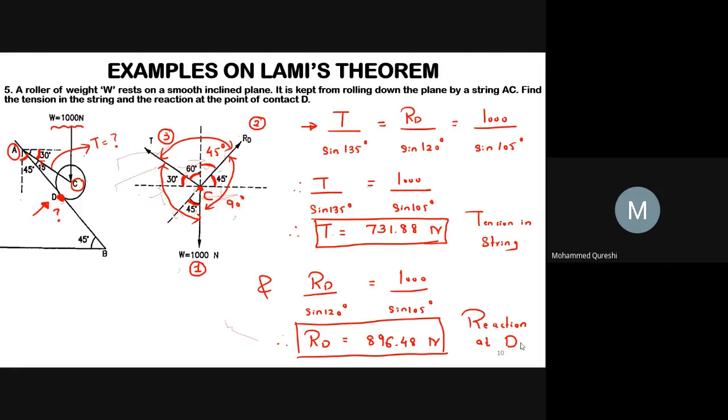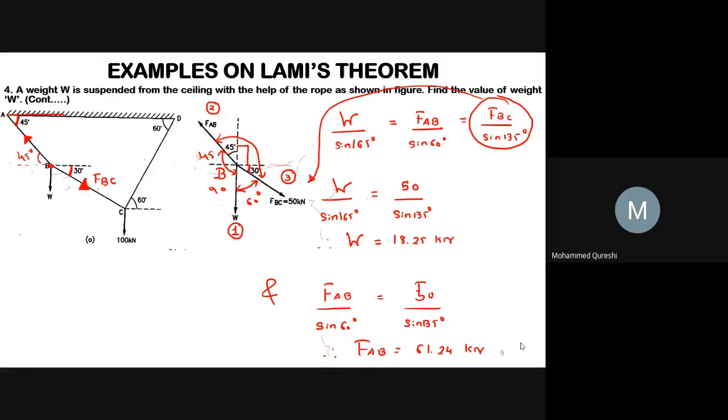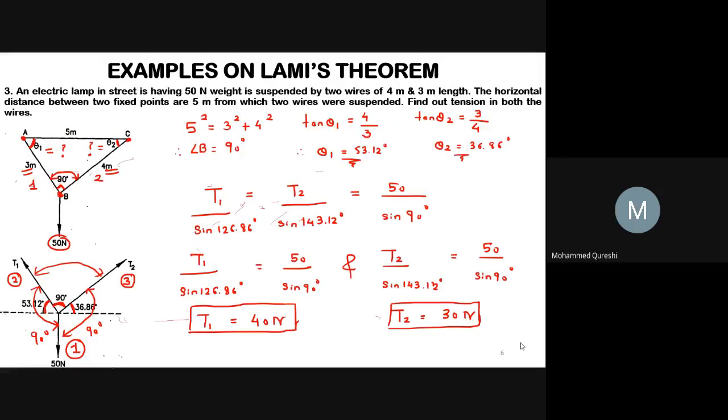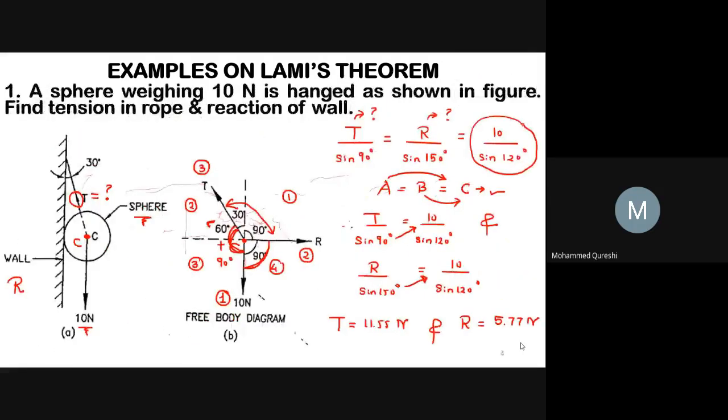So in this way, you have to apply Lami's theorem, and you may obtain the unknown value that lies in the string, or maybe at the contact surface, or maybe at the reaction supports. So what is Lami's theorem?